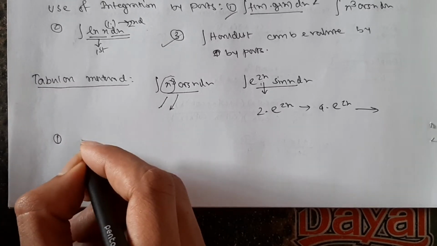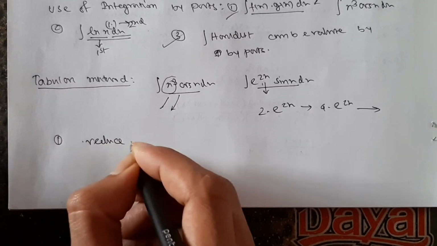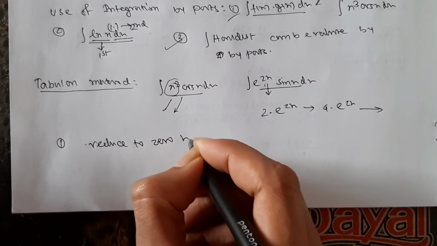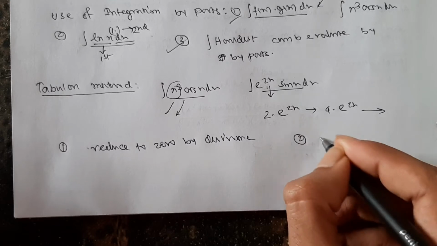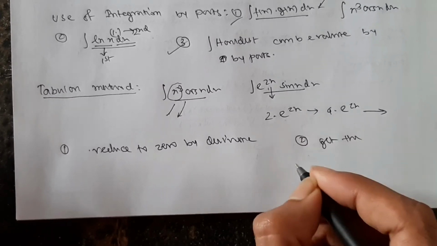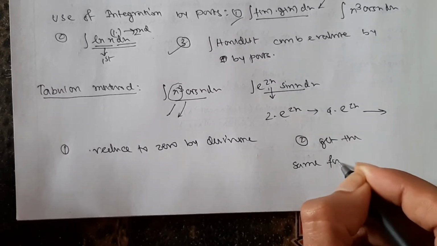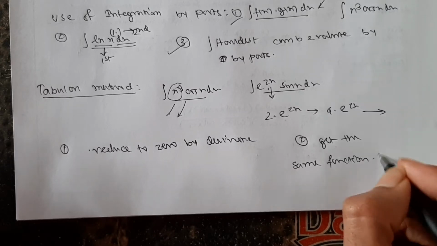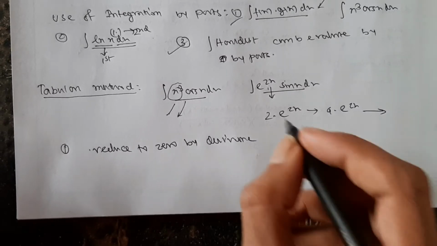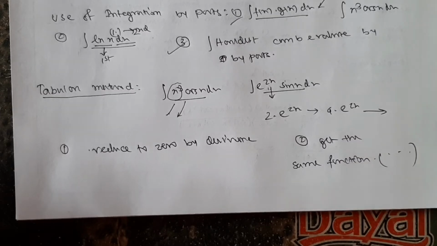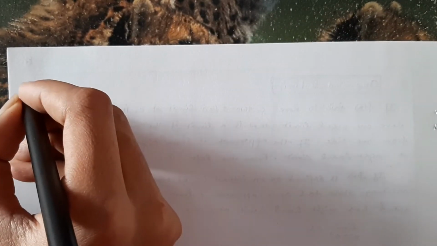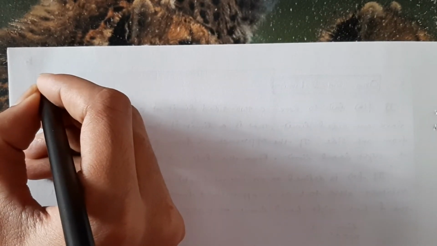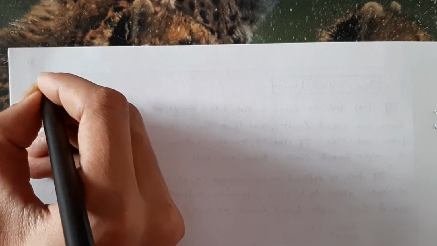One is reduced to 0 by differentiation, and one is getting the same function, irrespective of what constant is multiplied with the function. Okay, so now we should use the first type of tabular method.